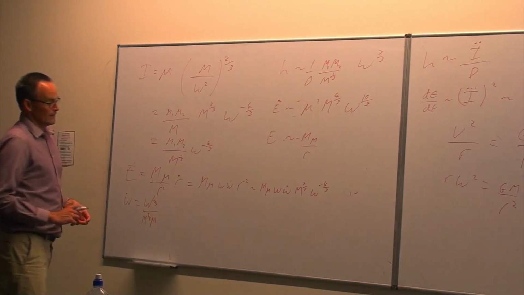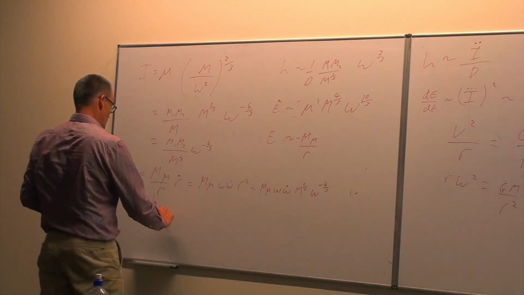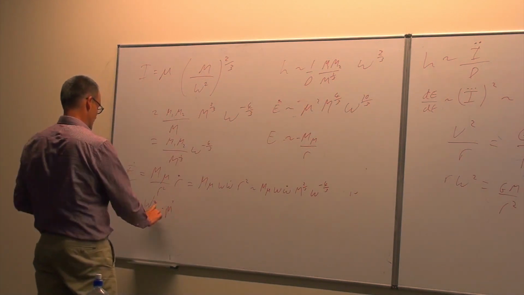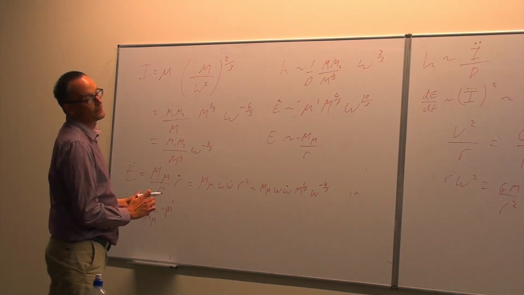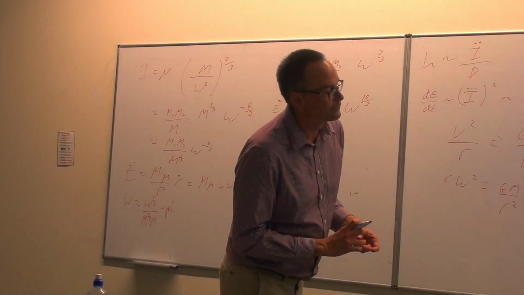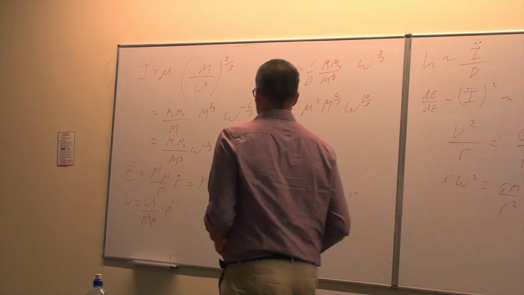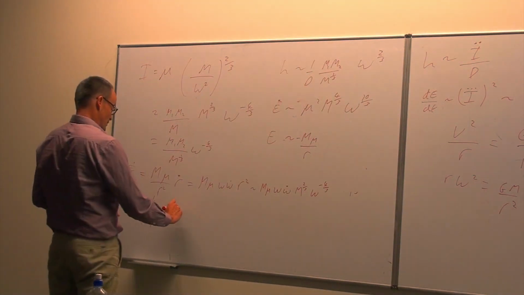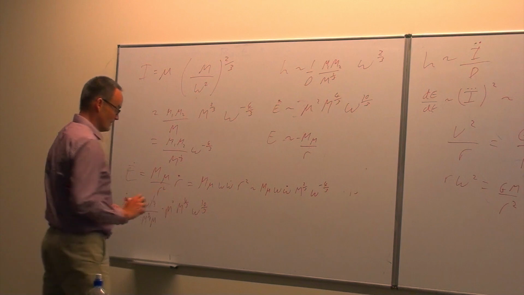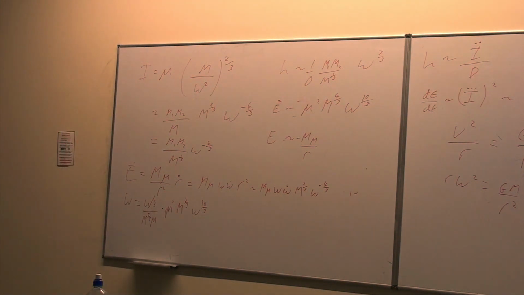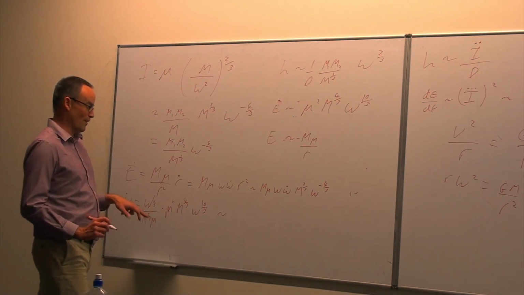And we now need to multiply this by E dot, which was mu squared m to the 4/3 times omega to the 10 over 3. Okay, so that was fairly involved, but what we've ended up with is the fact that omega dot goes like we have a mu over m to the 1/3.